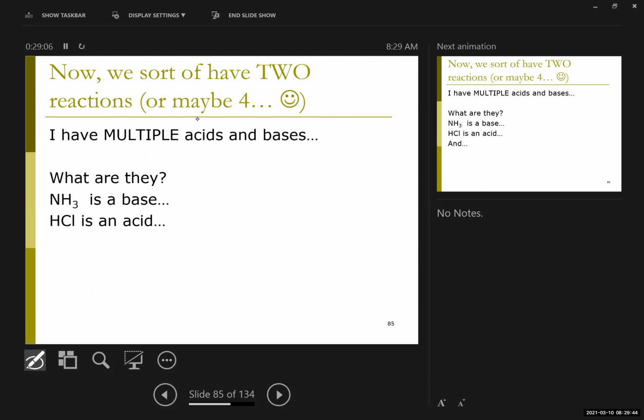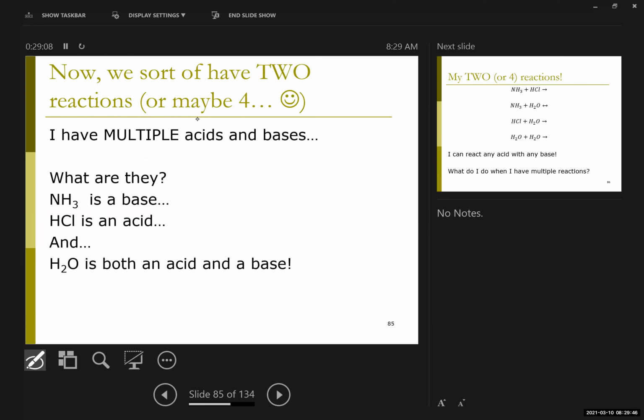As we've already said, HCl is an acid. Water is both an acid and a base. So I do what I recommend I always do, if I have more than one thing, which is to make a list of my acids and make a list of my bases. Because every acid will react with every base, they don't really choose.